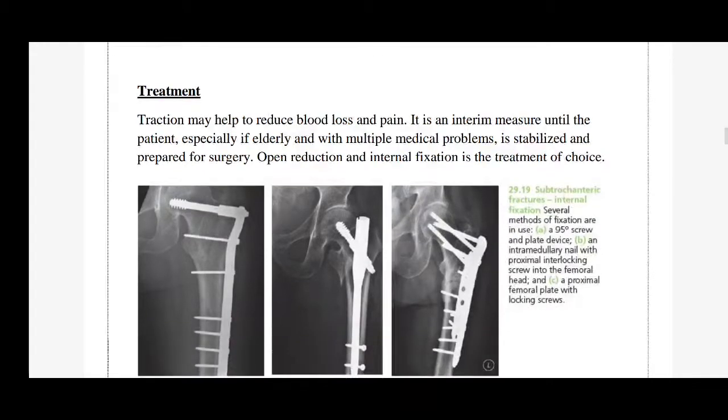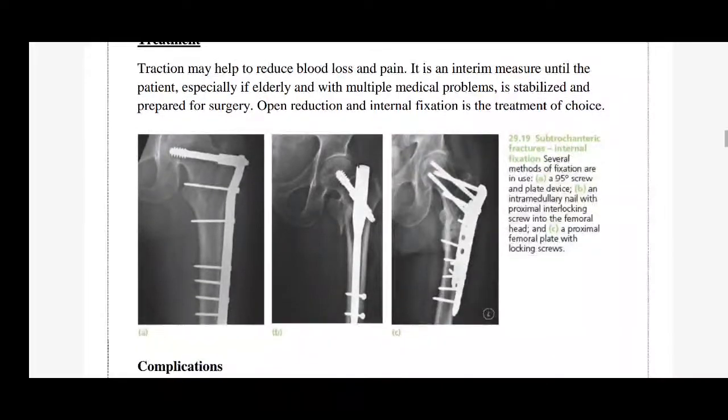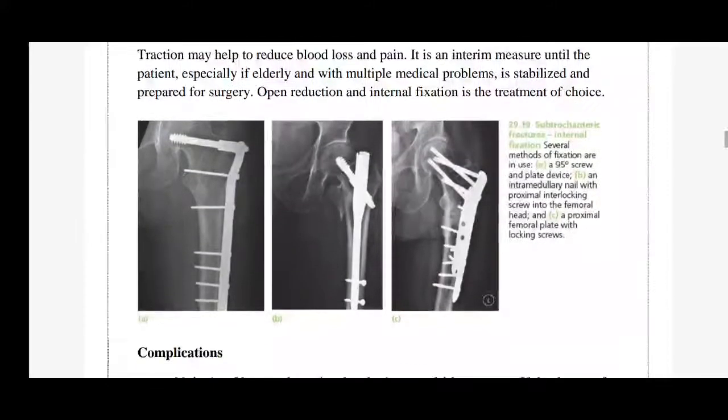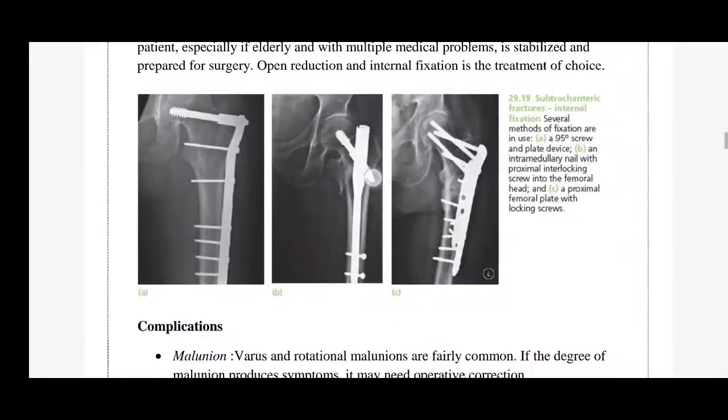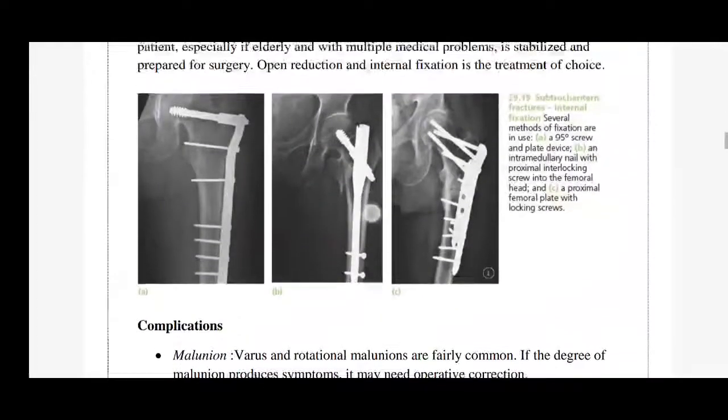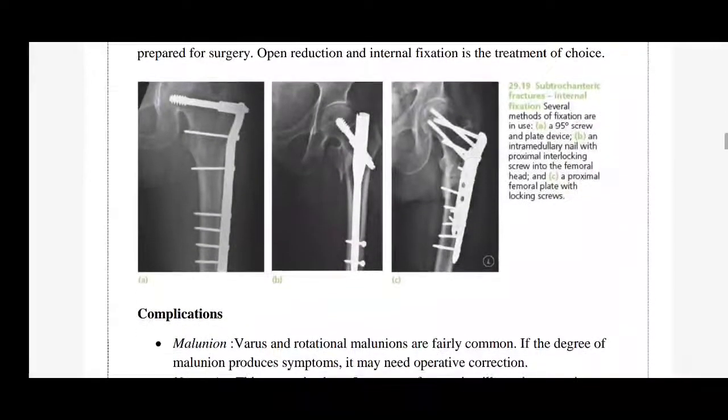Open reduction and internal fixation is the treatment of choice with different modalities of fixation, as in this, the dynamic hip screw, and this is the proximal femoral nail or gamma nail, and this is the locked plate fixation.